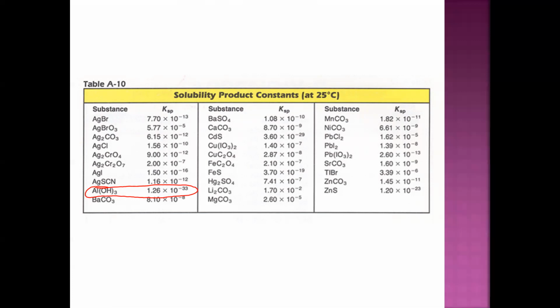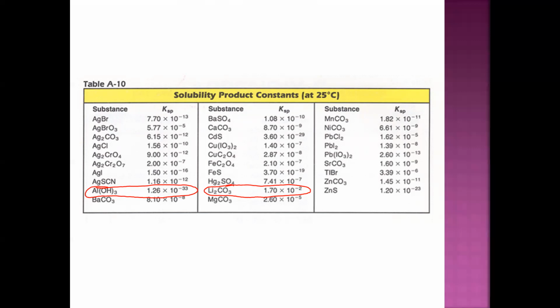That's extremely small. Versus the lithium carbonate right next door to it, which is 1.7 times 10 to the negative 2. That is significantly larger. So that just shows us that the aluminum hydroxide will probably hardly dissolve at all, but the lithium carbonate could dissolve a lot better.